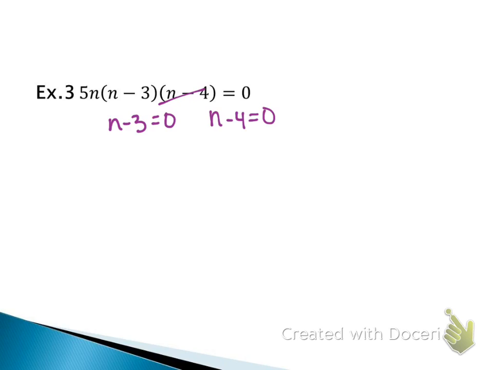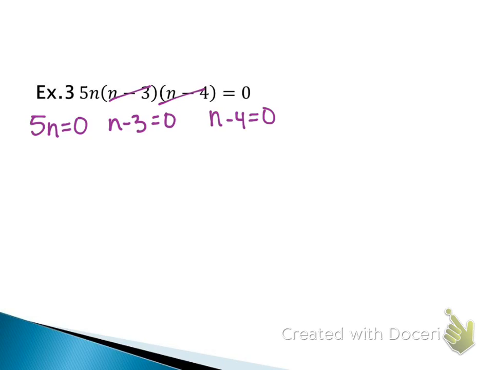So we used up those 2 factors. Which one's left? 5n equals 0. Each factor gets set equal to 0. Even though the 5n was not in parentheses, it's still considered a factor. It's still getting multiplied to everything else.